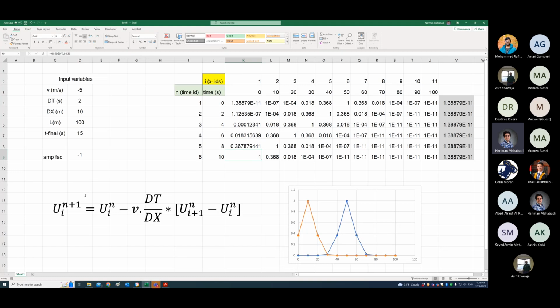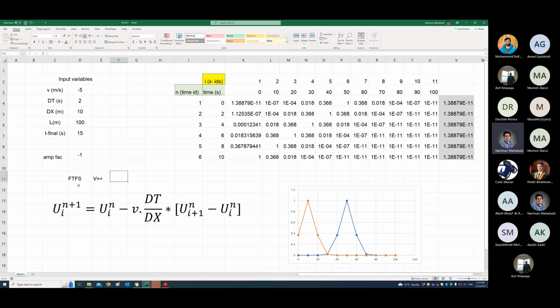Doctor, I have a question, please. Sure. What you said about the amplification factor is that if it's equal to 1, then the simulation is going to be stable, right? Well, it depends on the direction of the velocity. If you are using FTFS and velocity is positive, it's not going to be stable.